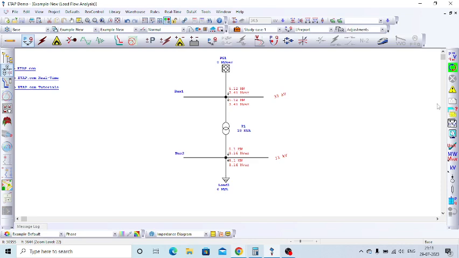In some countries they have different requirements. For example, I remember in Bangladesh, on the lower side it is minus 15 percent, and on the positive side it is plus 10 percent. It is not plus or minus 10 percent. That is the requirement for Bangladesh.